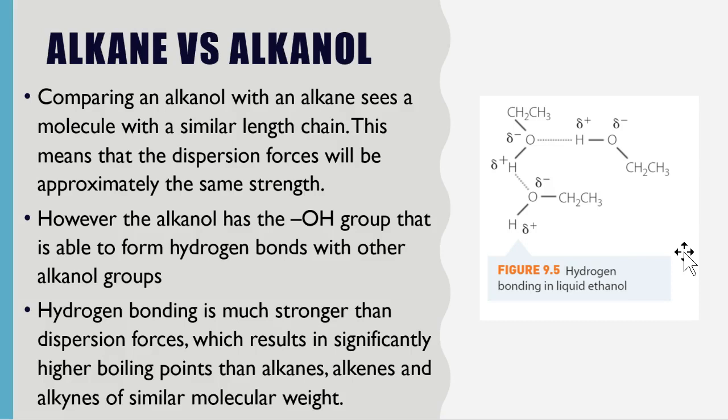So when we compare an alcohol with an alkane, even though they might be the same length chain, so our dispersion forces are the same, we've got other things happening there. The hydroxyl group is making hydrogen bonds which are stronger, so we've got greater energy required to break those bonds, hence the boiling points are going to be significantly higher.